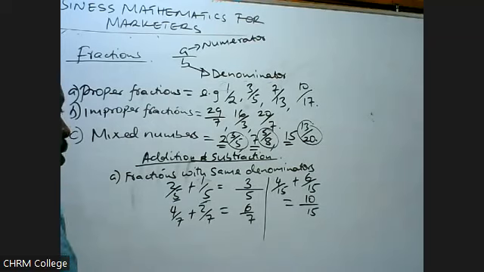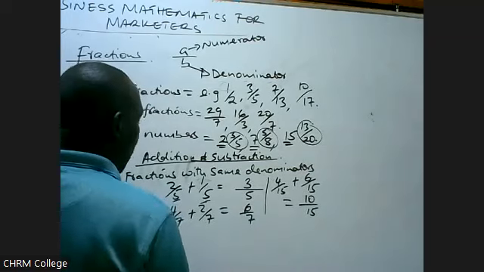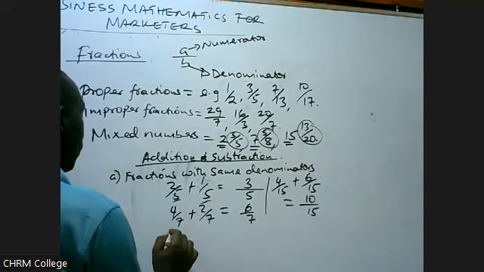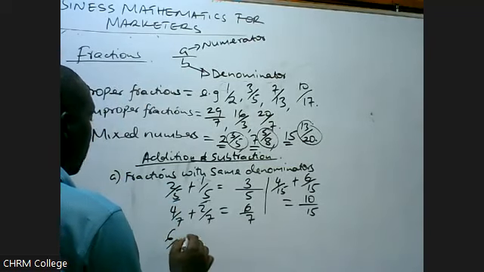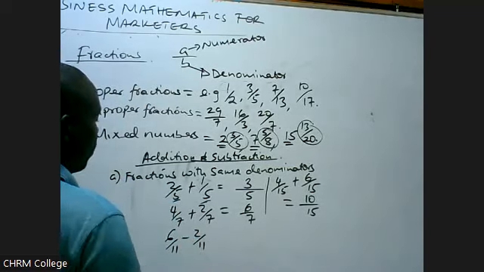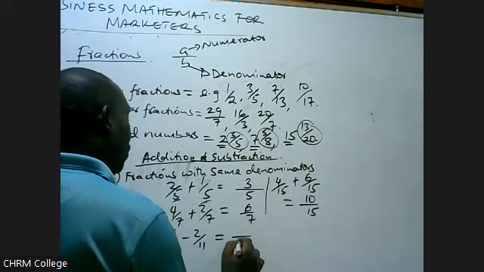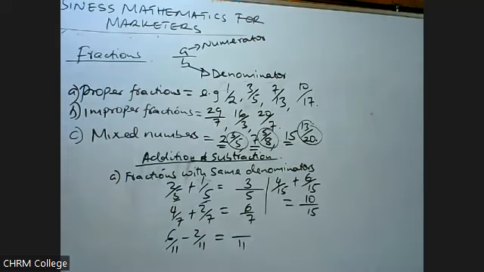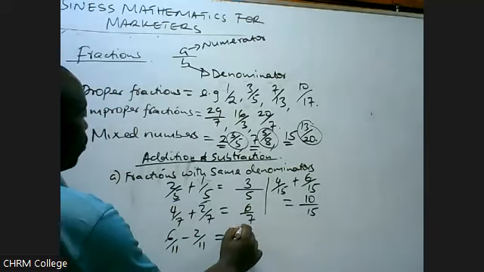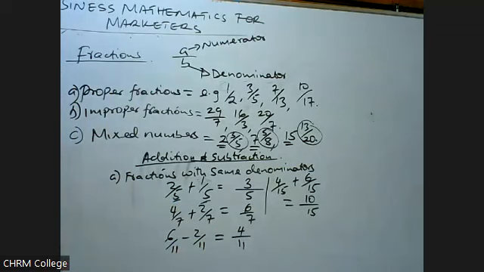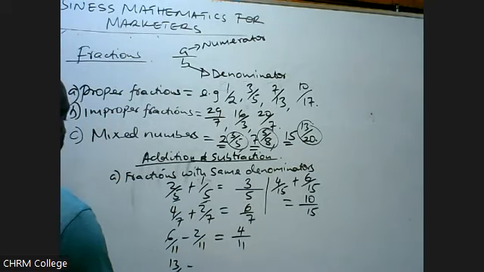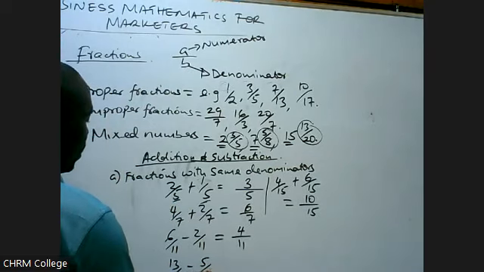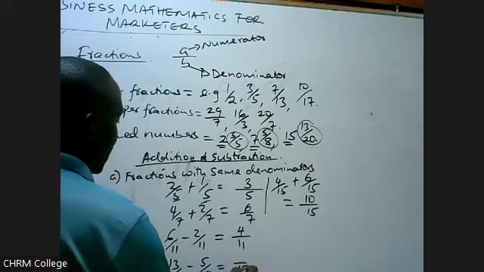and then you just add the numerators. If it was subtraction, like for example, 6 over 11 minus 2 over 11, the answer will still be over 11. Then you minus the numerators. 6 minus 2 is going to be 4. If you have got 13 over 17 minus 5 over 17, the answer will be over 17.